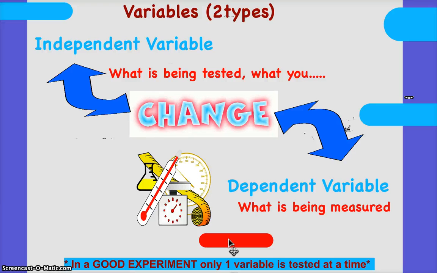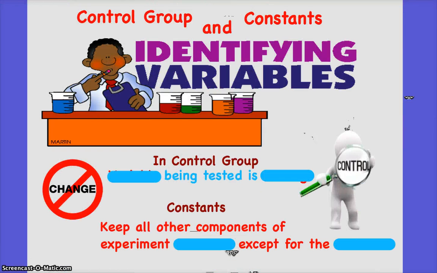I only want to manipulate one thing so I know that it's because of this that it is happening. Because if I start manipulating a whole bunch of things, I can never know really what affected the outcome of the experiment. So only one independent variable should be tested at a time. You should only manipulate one thing so that your results are accurate and you could say it's because of this that this happened. All right, so what are controls and what are constants?